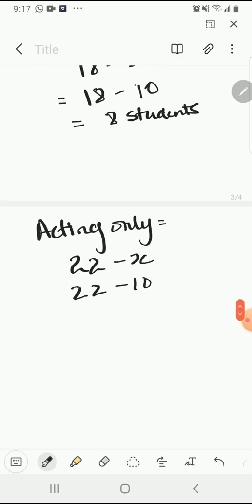And when we subtract 22 minus 10, we will get 12 students. All right, so we have completed the question. We found those who like both, those who like dancing only, and those who like acting only.